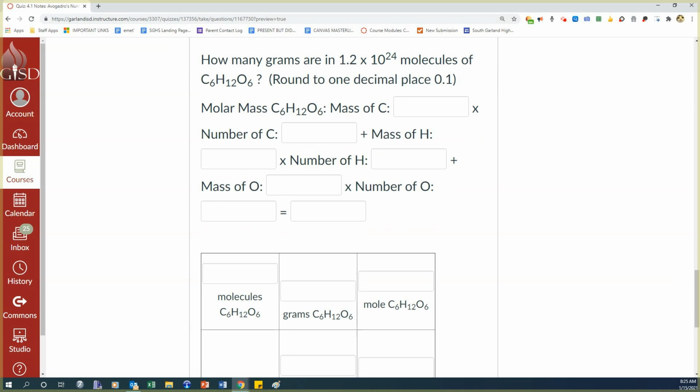Again, keywords. I see grams. Therefore, you have to do the 1 mole of C6H12O6 equals how many grams? That's glucose. Let's do the calculations for that.